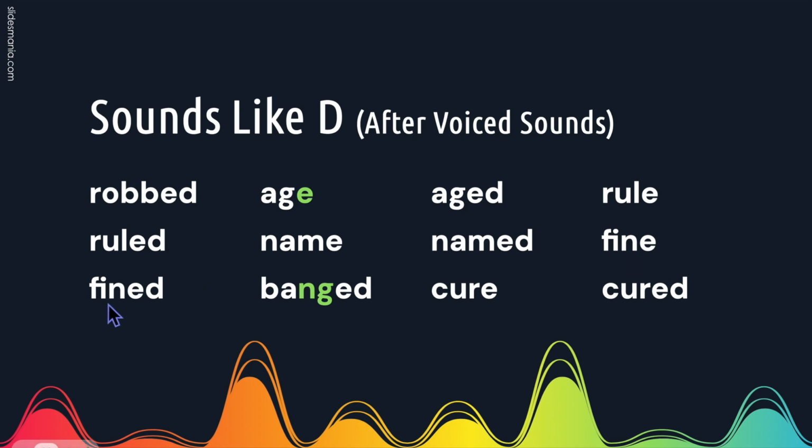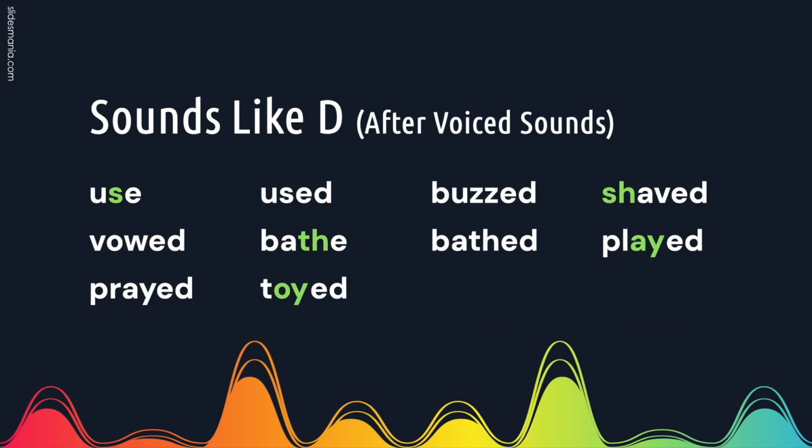fine, fined, banged, cure, cured. This E is going to make the U have its long sound, and the S is going to have its voiced sound of Z. Use, used, buzzed, shaved, vowed.